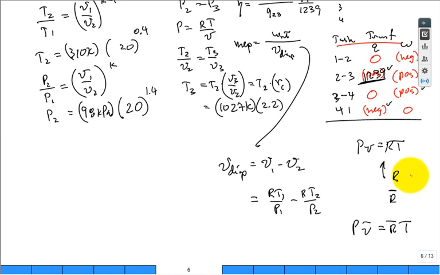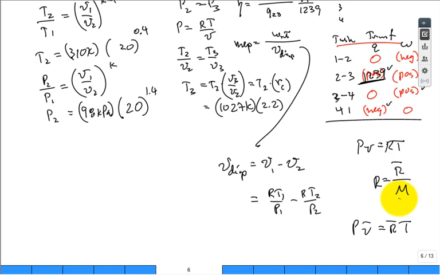So the relationship is, this is truly R up here, and that R is equal to R bar divided by the molar mass of air? Yeah, divided by, and isn't the molar mass of air 28.97, good to 4 digits? 28.97 kilograms per kilomole. Yeah. Man, there's a lot to remember from Thermo 1. Yeah, there is.